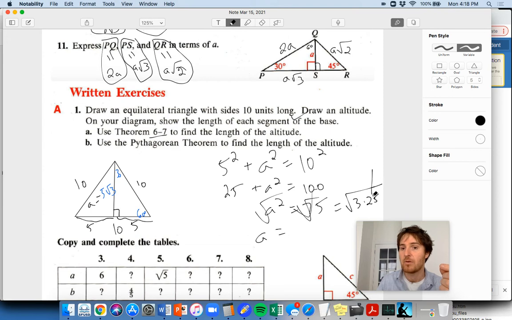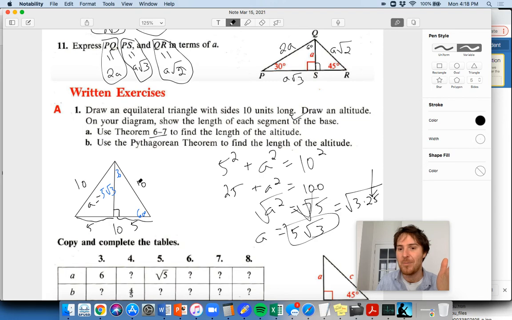And the square root of 25 is what? 5, because 5 times 5 is 25. So here I got 5 root 3 through another method, just as a quick sanity check that the theorem we talked about in Monday's and Friday's lessons works, right? The longer leg of a 30-60-90 right triangle is root 3 times as long as the shorter leg, okay?